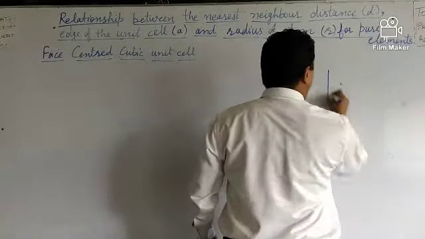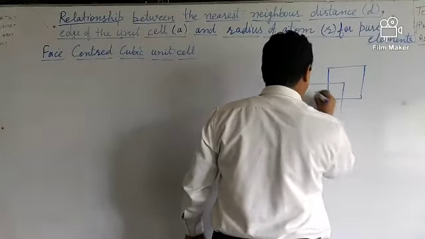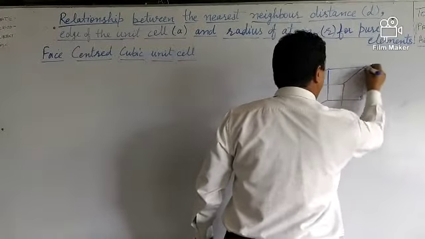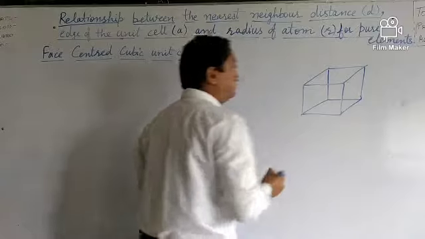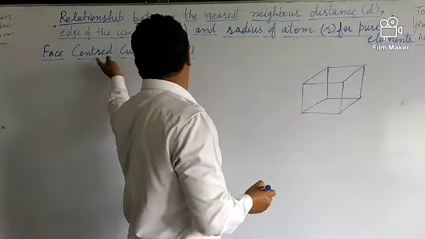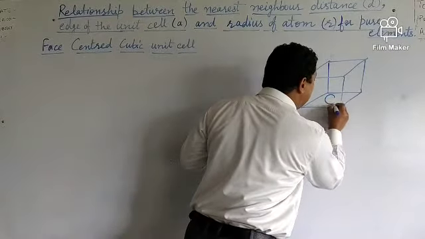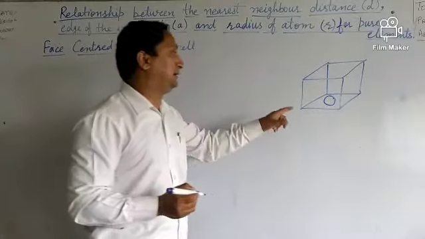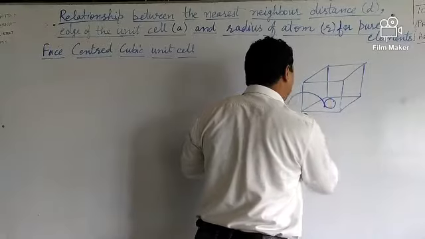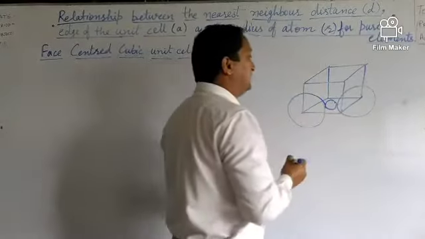Again we will draw the cubic unit cell just like this. Now as we know, in case of FCC, that is face centered cubic unit cell, one atom lies in the mid of the face, and one is at the corners, just like this. It is touching with the corners.